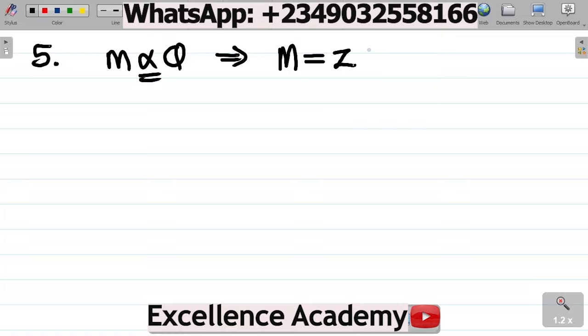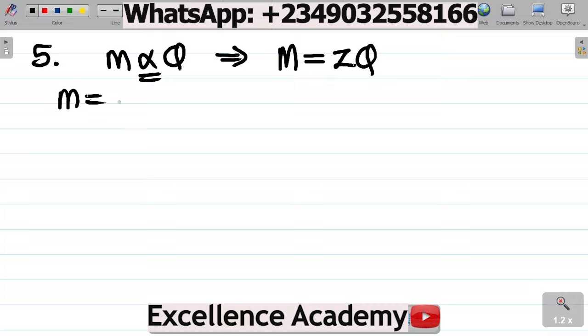For Faraday's first law, we know that the mass of a substance deposited is directly proportional to the quantity of electricity passed, that's Q. And in science in general, if you have your proportionality sign, all you have to do is replace it with an equality sign and put your constant. So M, I'll replace this with equal to, the constant is Z, then bring in your Q. So M is equal to Z times Q.